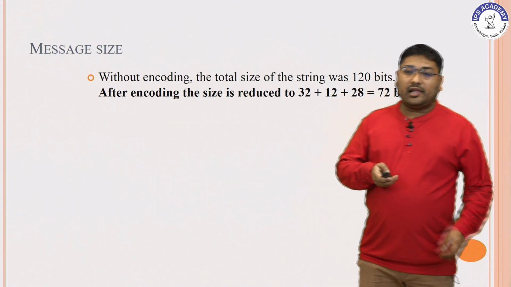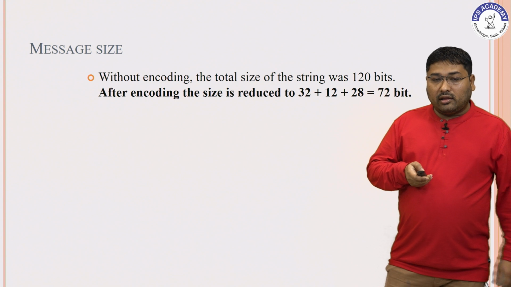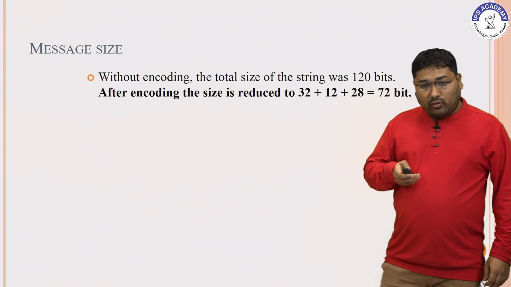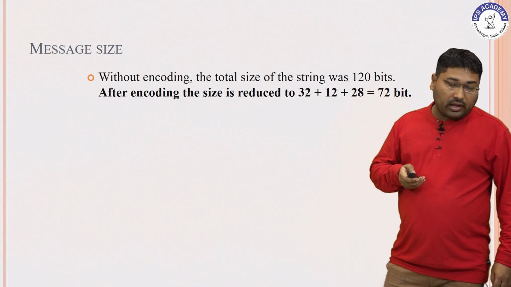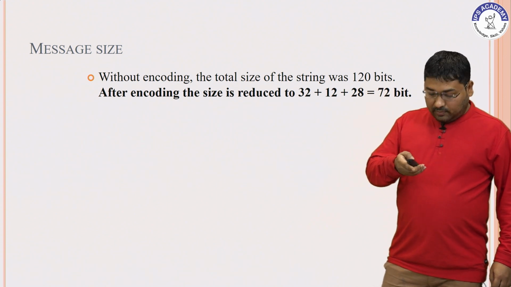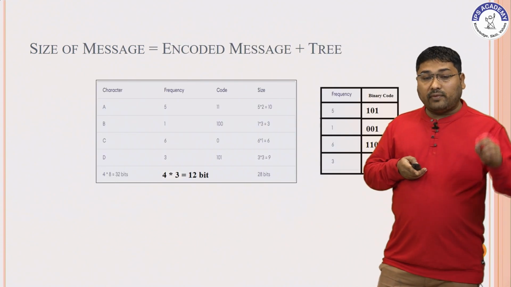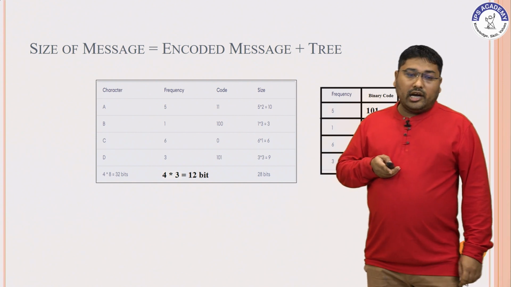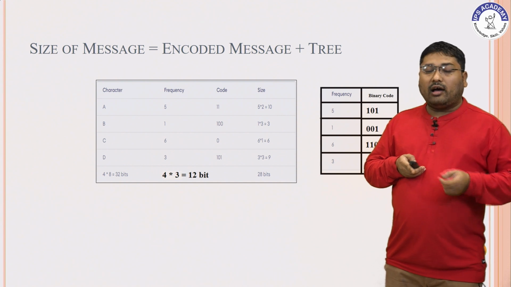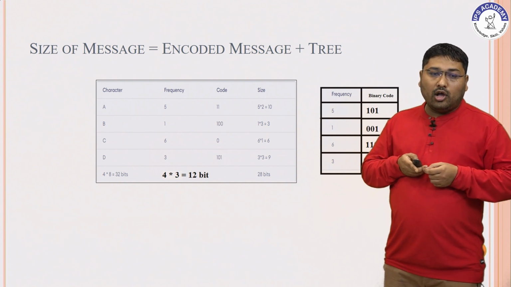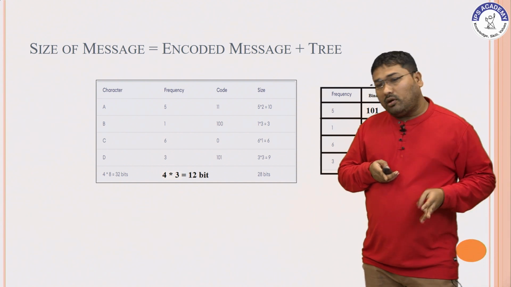Now the message size is 120 bits without encoding, and after encoding the size is reduced to 32 plus 12 plus 28 equal to 72 bits, where 32 bits is required for transferring ASCII characters. The actual ASCII code of A is 8 bits long, and we need to transfer a total of 4 characters.